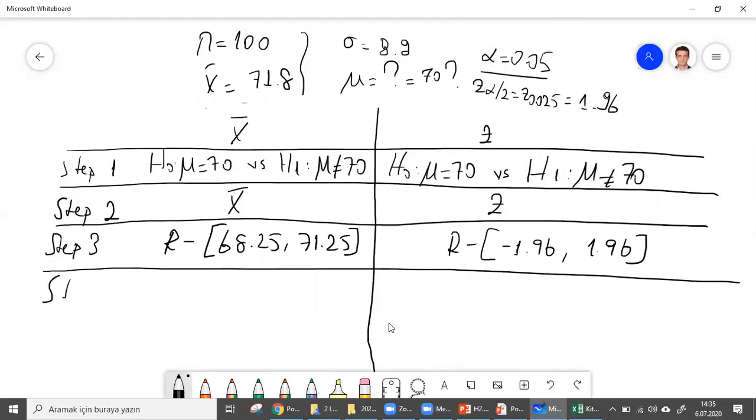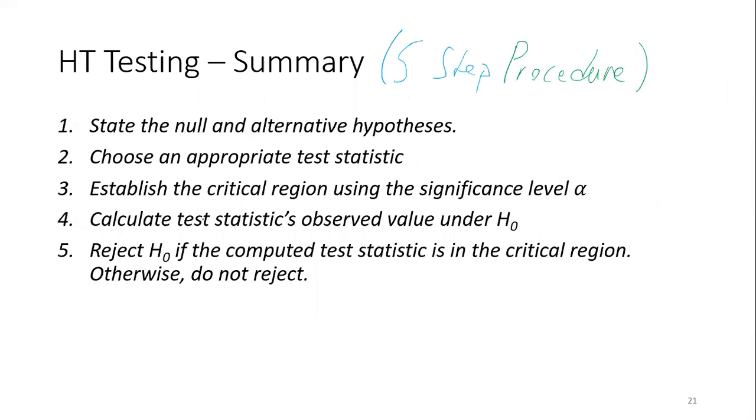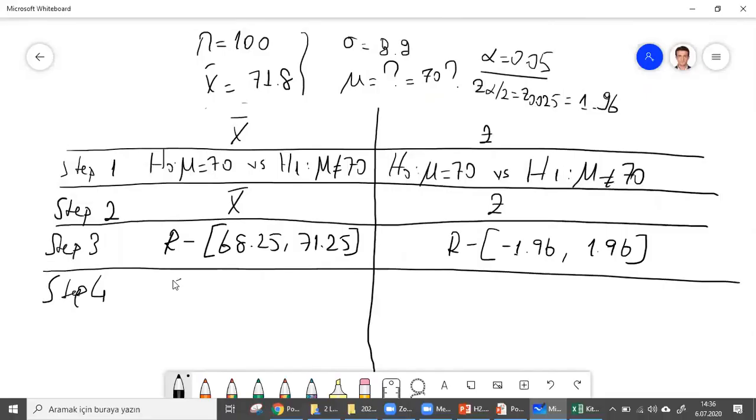Now, step four, just calculate the test statistic, the observed value under H0. Okay, under H0. Now, what I will calculate is x bar observed. Okay, so what is x bar observed?